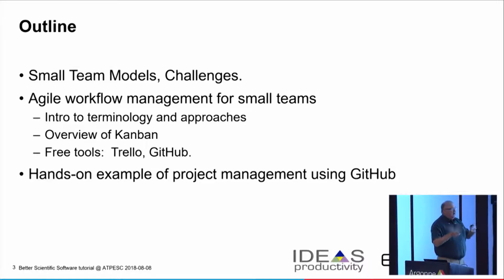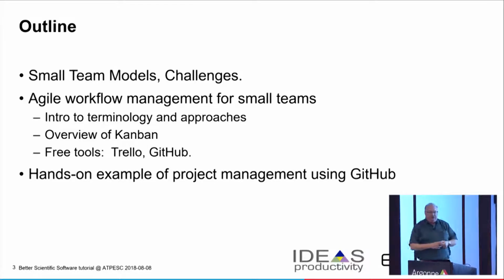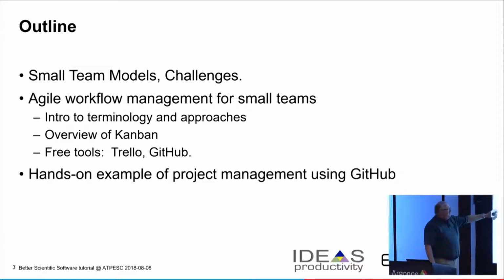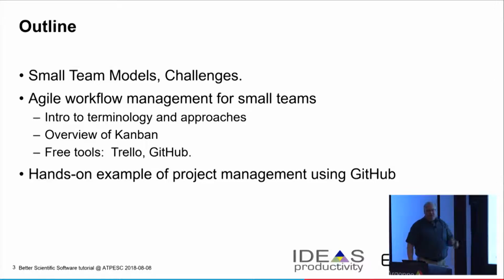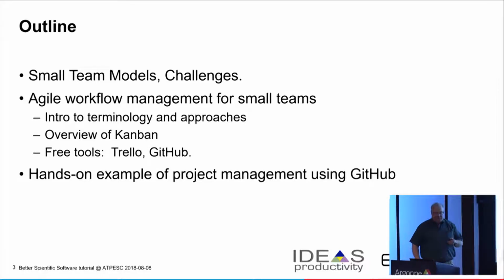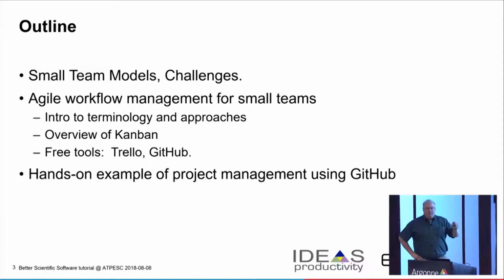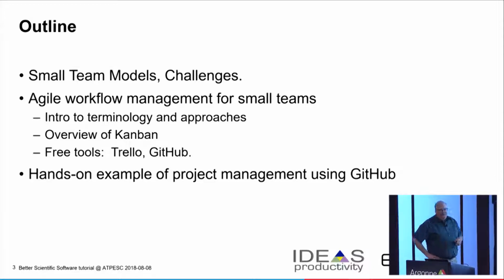This is more of how to manage a project with a certain level of agility, and we'll talk a little bit about capital A Agile versus sort of little a agile. And then I'm going to have a hands-on example of just how you can use GitHub to do some project management stuff. And this will be optional, but this will be part of this presentation. We'll go through it quickly, but we can also come back and do this in the evening if people are interested.